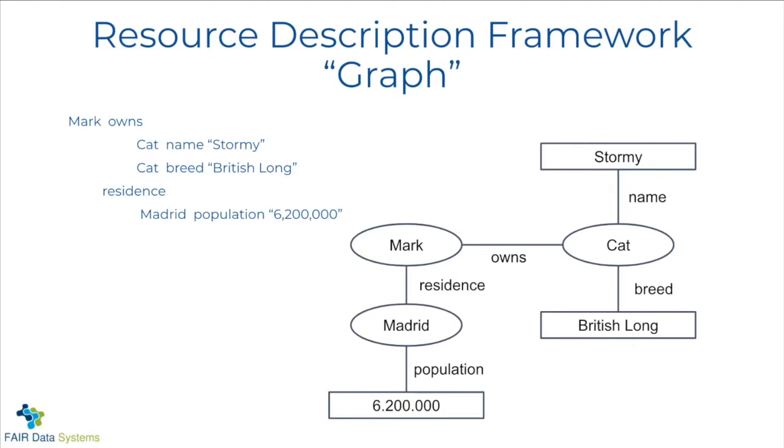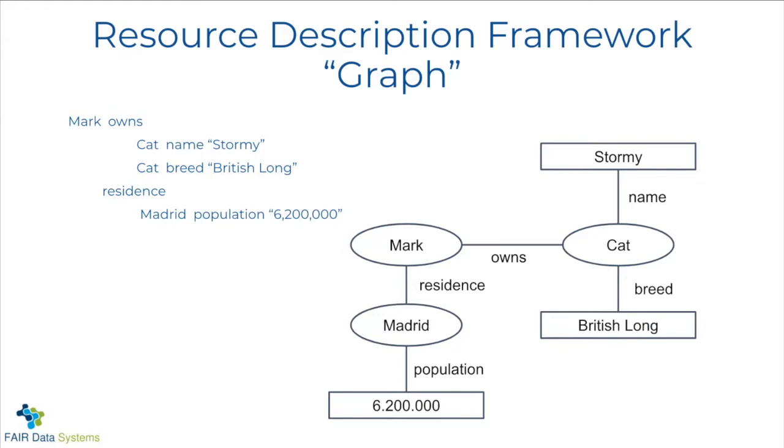And this is often visualized, and you'll see in the next hour a lot of pictures like this. These are visualized as what are called graphs, and graphs are a set of nodes and connections, all of them labeled, that describe the structure of this Resource Description Framework model.